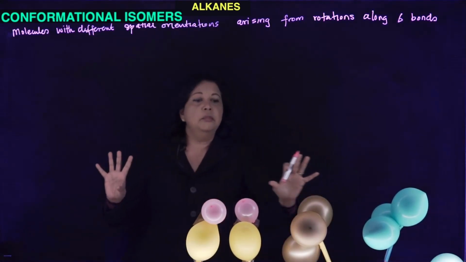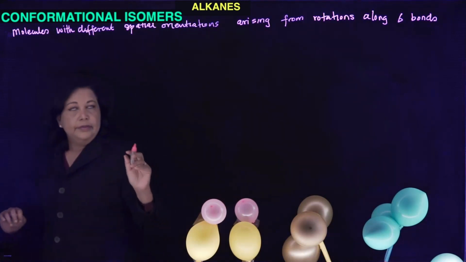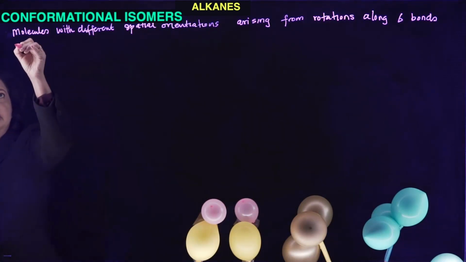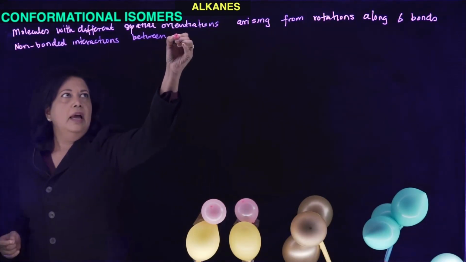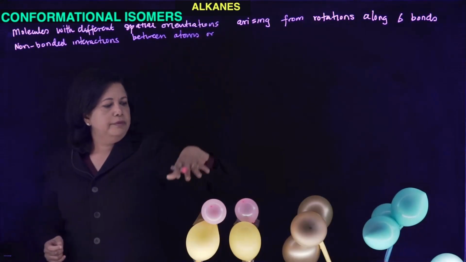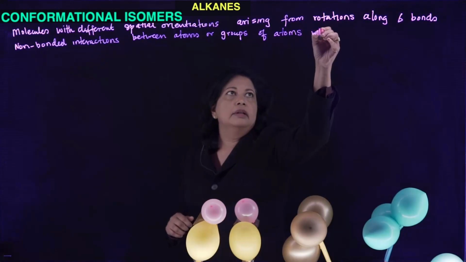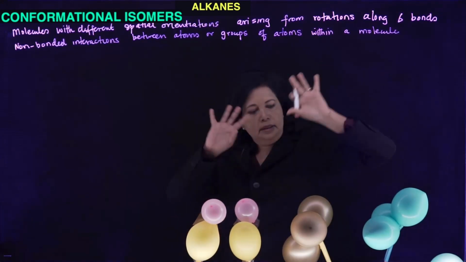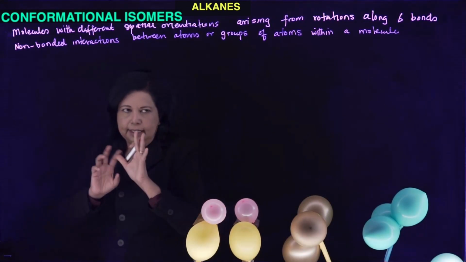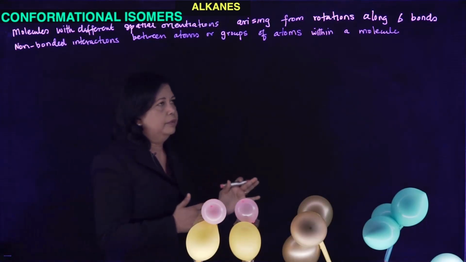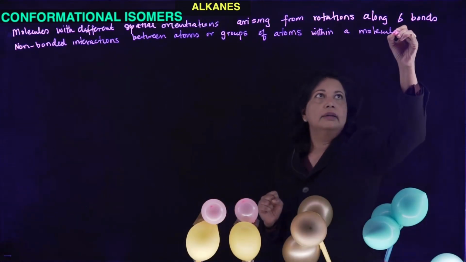Those are non-bonded. So the non-bonded interactions between atoms or groups of atoms like methyl, tert-butyl within a molecule. This is nothing to do with intermolecular, between molecules. It's all happening inside the molecule. That's what we are looking at, within a molecule.